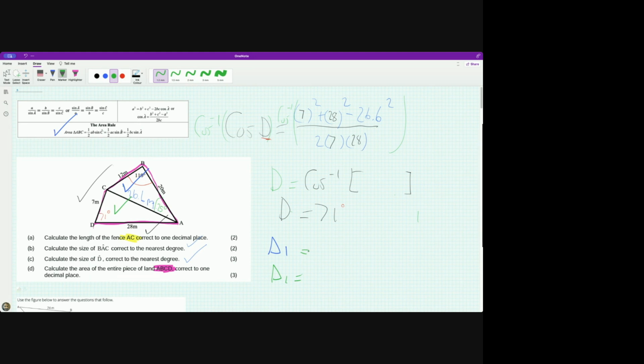Everyone, let's try and find the area. And I know that there's a template for this. It's a half times one side times another side times the sine of the angle between those two sides. So see if you can find that.